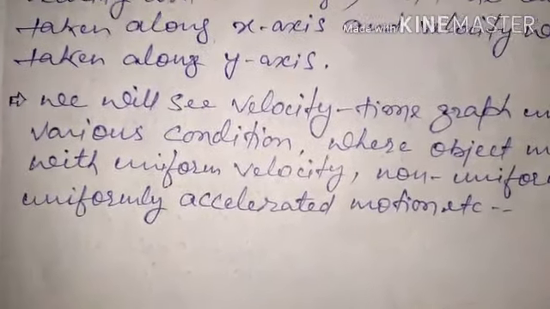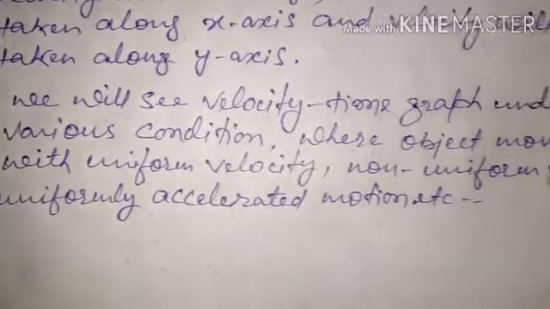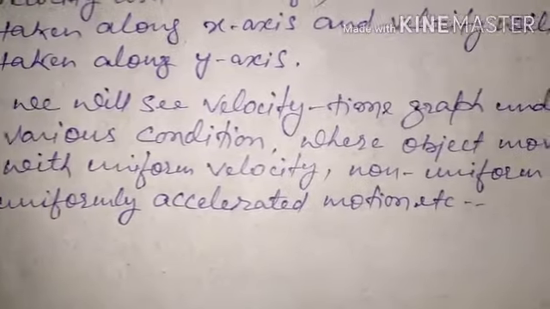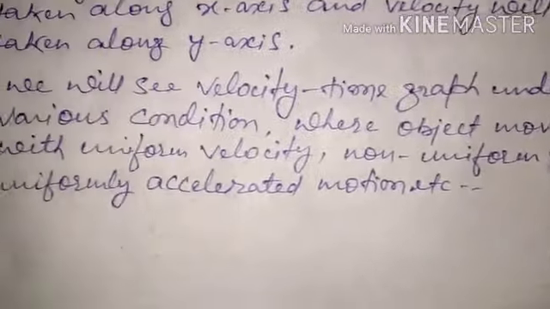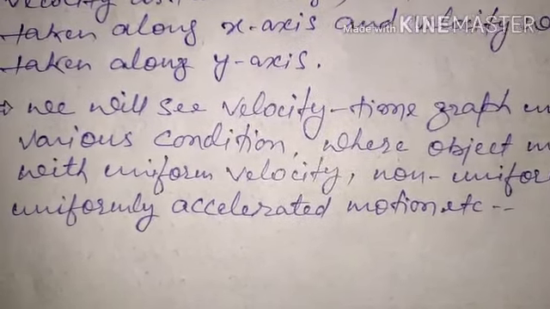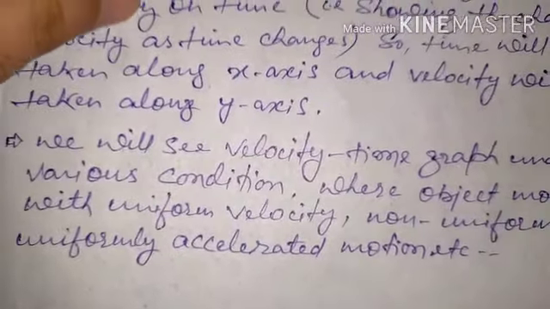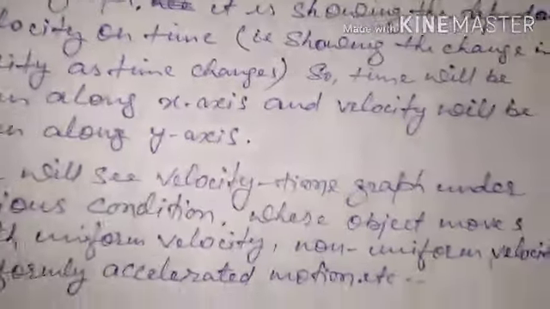We will see the velocity time graph under various conditions where the object moves with uniform velocity, non-uniform velocity, uniformly accelerated motion, etc. These are the types of graphs we are going to cover in today's video. I have taken 3 cases, so let us discuss all the cases one by one.